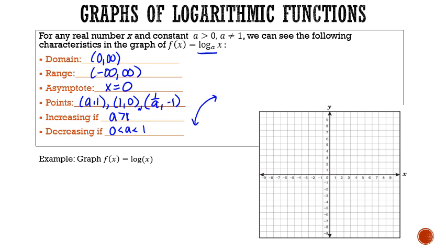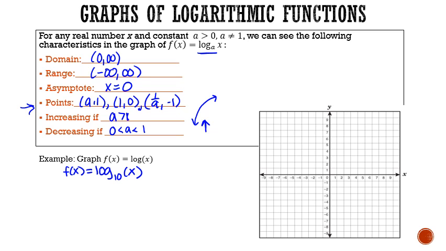So let's look at an example. Graph f of x equals log of x. Remember, this is the same thing as log base 10 of x. We know it's going to have this shape because it's increasing, since a is larger than 1, and it's going to contain these points.